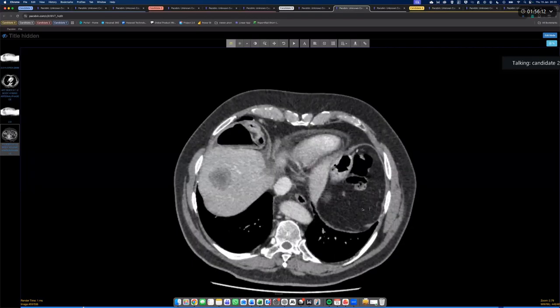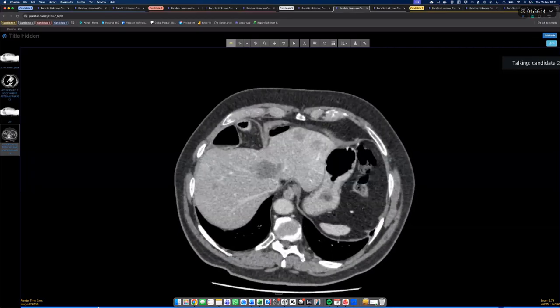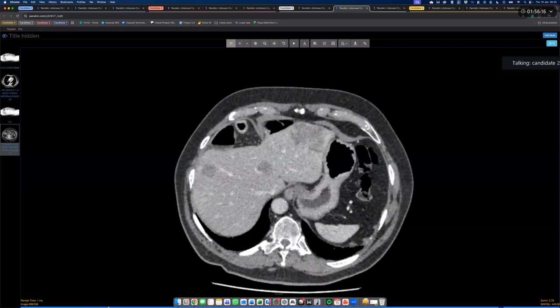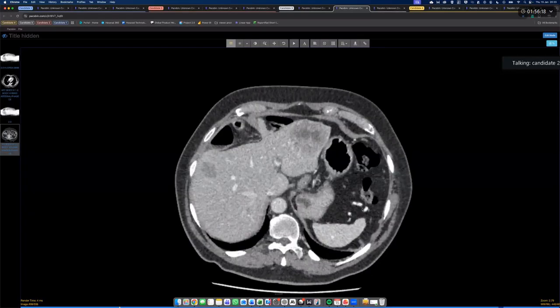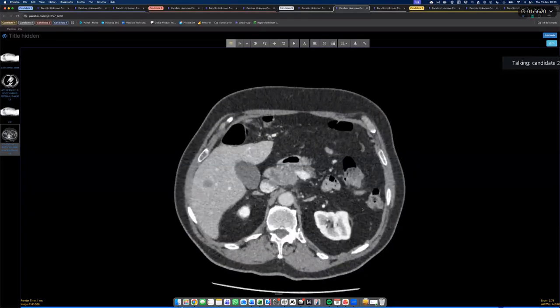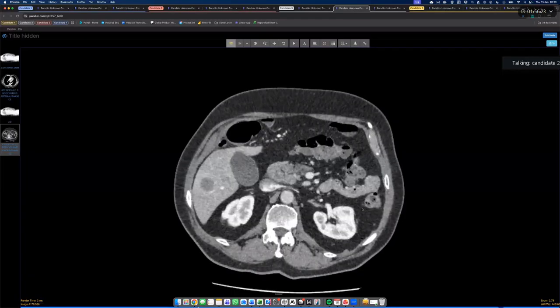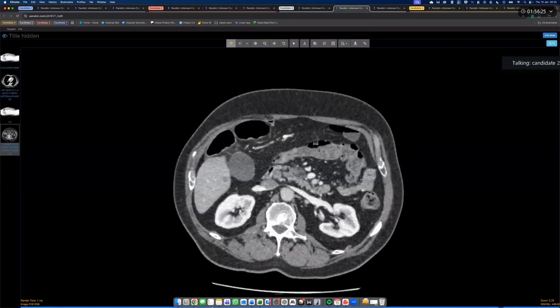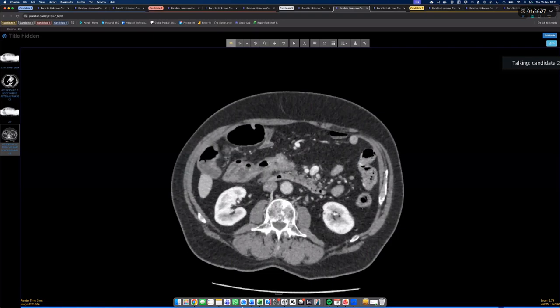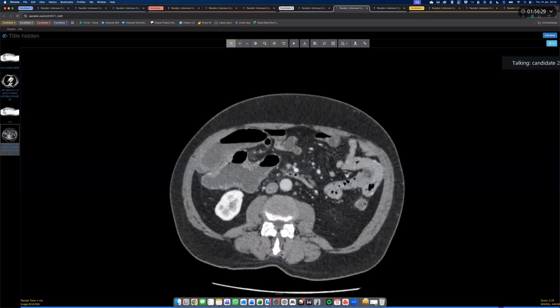In my initial scroll, I could appreciate a small area of lingular collapse on the left side. There are a few liver hypodense lesions and a pancreatic, aortocaval and retropancreatic lesion, which I would come to later after completing my initial scrolling.